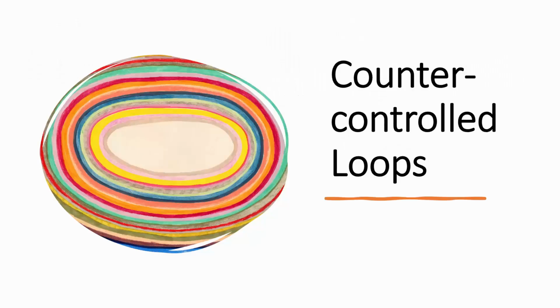Let us get started, and we are going to start with counter-controlled loops. Counter-controlled loops are a type of loop in which the number of iterations is known or at least can be determined in advance.